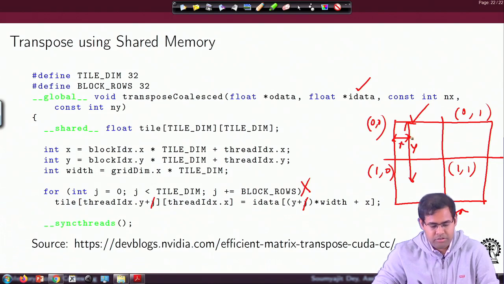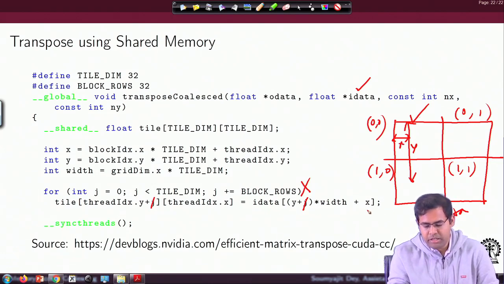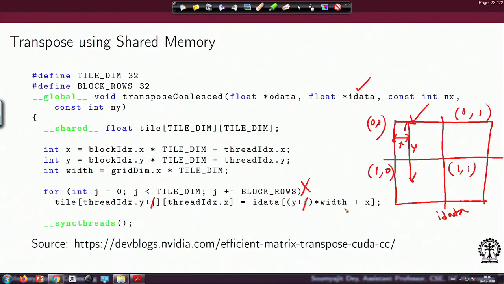I have computed these x, y coordinates, and accordingly this expression is simply giving me y times width plus x. Of course the width is the grid dimension, that is 2 blocks in the x direction, times the tile dimension. So this is my width, right. So multiply y by width plus x, that gives you exactly this location.